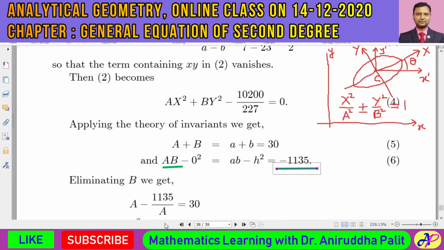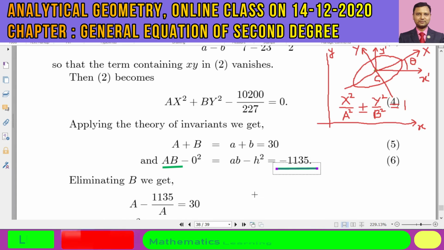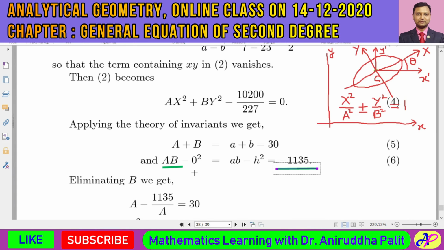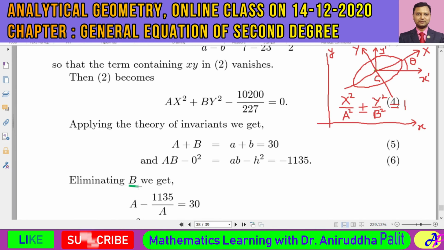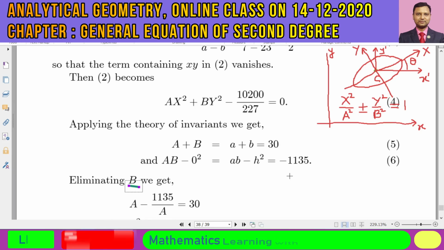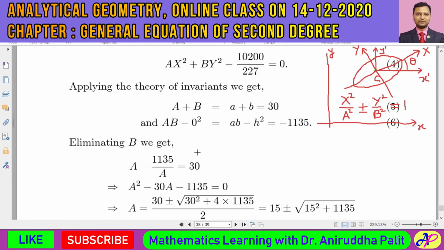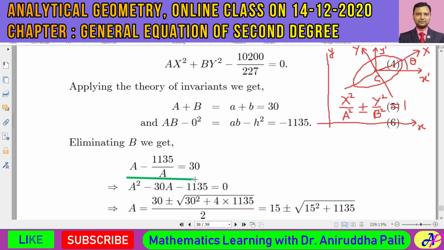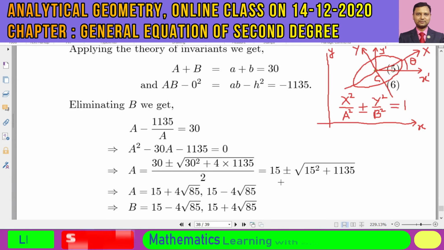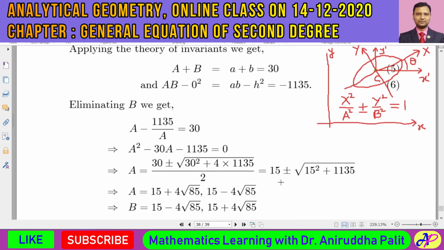Therefore B should be equal to minus 1135 divided by A. So we eliminate this constant B from equation number 5 and 6, we get this kind of result, and afterwards it is a computational part actually.